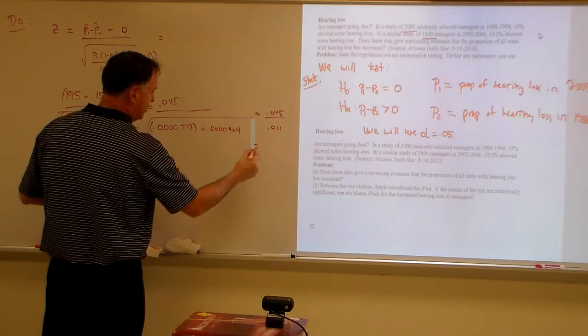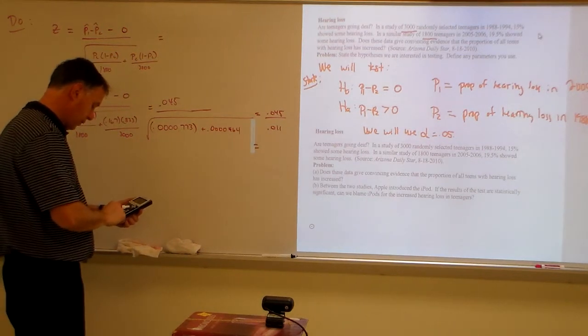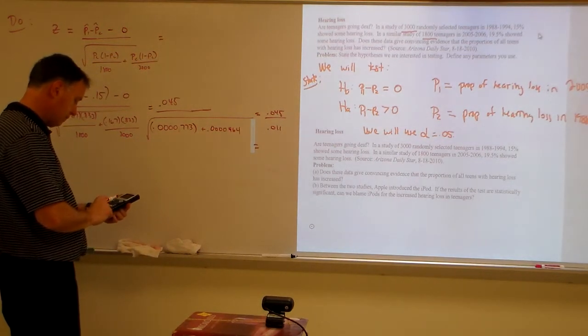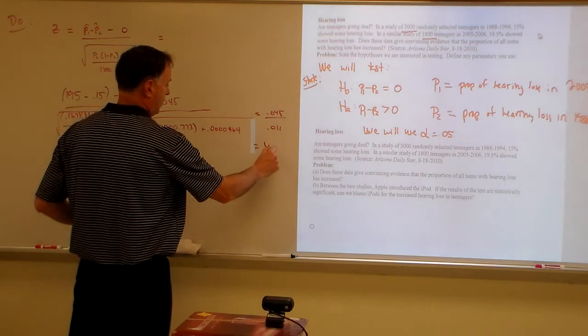Top is 0.045. I got a big z-score here. I can feel it. 0.045 divided by 0.011 is 4.09 for a z-score.